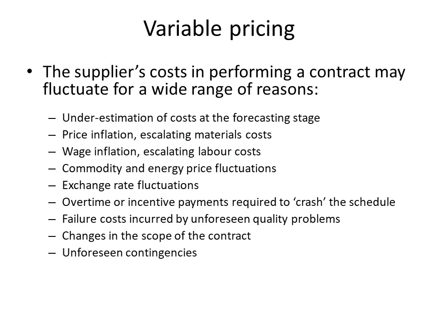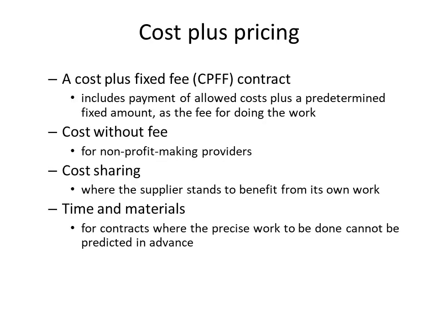Variable pricing. Suppliers' costs in performing the contract may fluctuate because of many reasons: inflation, exchange rate changes, changes in scope, unforeseen events, many reasons that cause prices to change. There are various forms of cost plus, and remember, you will have your textbook and notes with you in an exam, and you will have analysed the case well before.